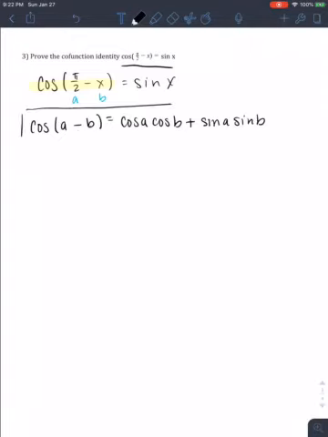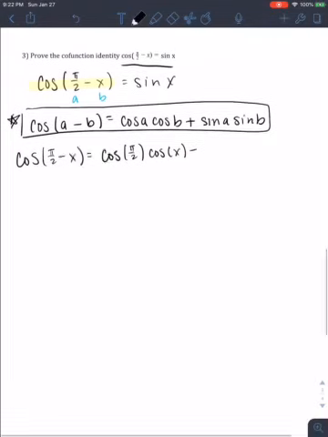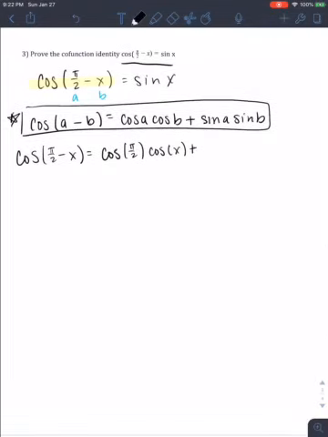Okay, so remember we need to use this. So we're going to do the cosine of pi over 2 minus x is equal to the cosine of pi over 2 times the cosine of x plus the sine of pi over 2 times the sine of x.